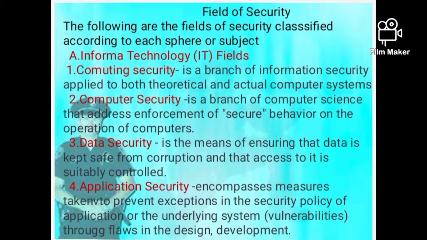Fields of security. The following are the fields of security classified according to its sphere or subject. A. Information technology fields, IT. Number 1. Computing security is a branch of information security applied to both theoretical and actual computer systems. Number 2. Computer security is a branch of computer science that addresses enforcement of secure behavior on the operation of computers.